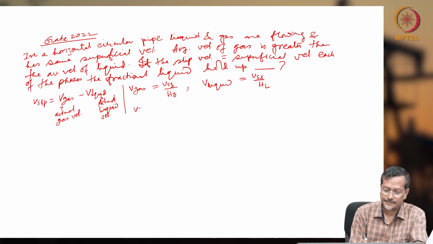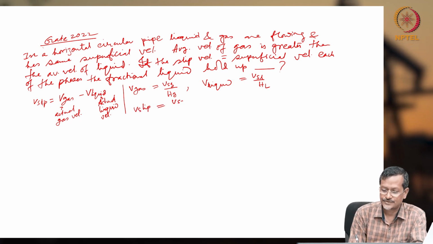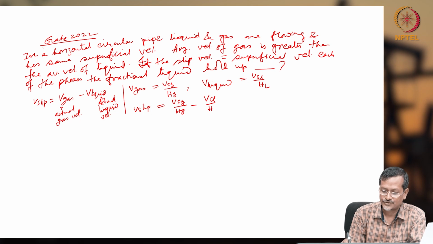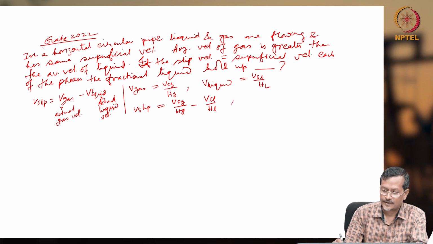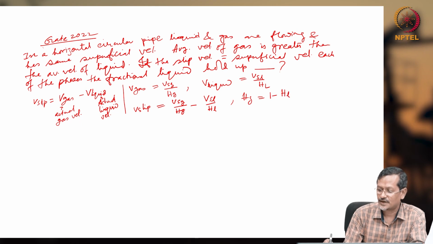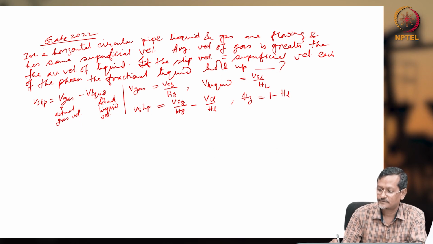Now V slip equals VSG by HG minus VSL by HL. HG equals 1 minus HL. This total should be 1. Okay.